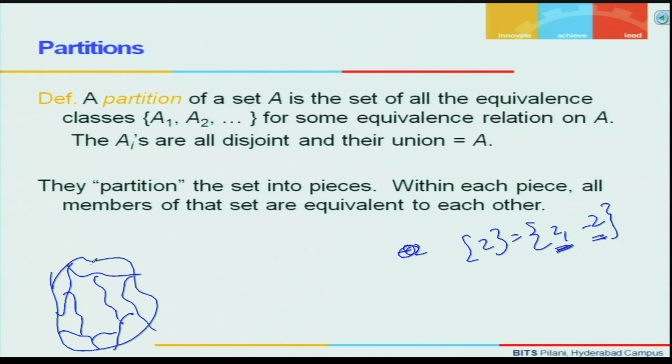That means you take any 2 elements in this partition, they are equivalent with respect to the relation. And if you take an element here and an element in another partition, definitely they are not equivalent, they will be different. But within a partition, all the elements are equivalent to each other with respect to the property that you are speaking of. We will do an example and see it.